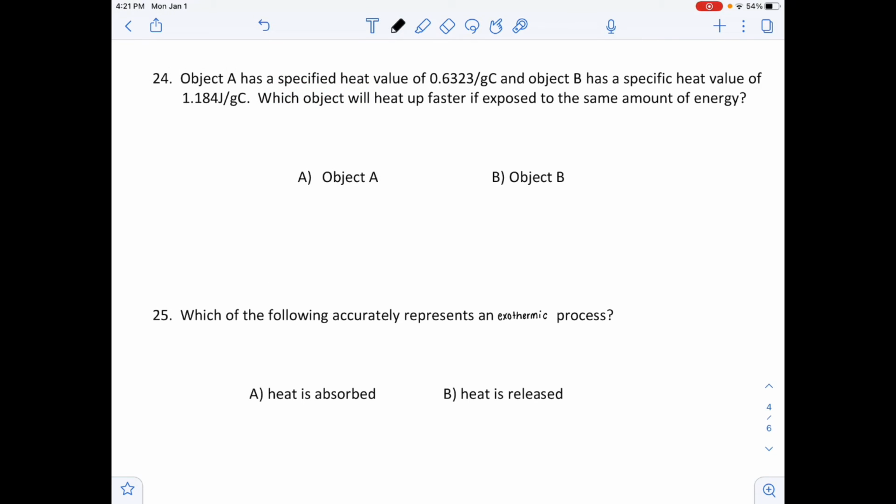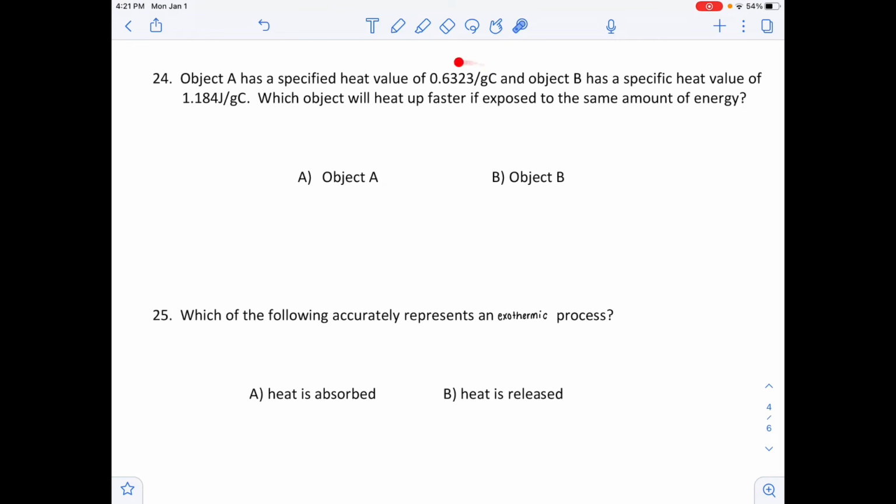So for question 24, it says object A has a specific heat value of 0.6323, and object B has a specific heat value of 1.184. Which object will heat up faster if exposed to the same amount of energy?